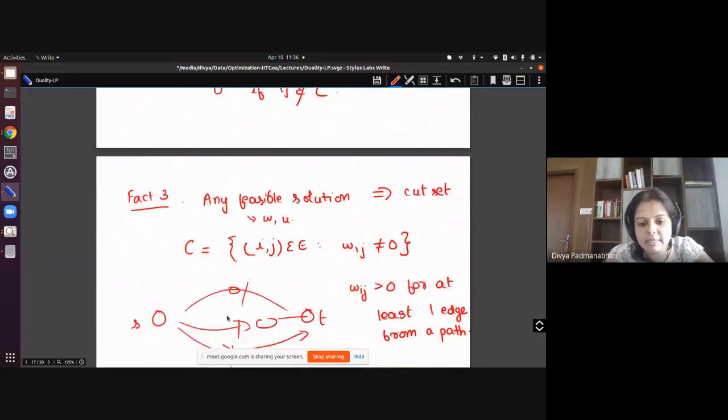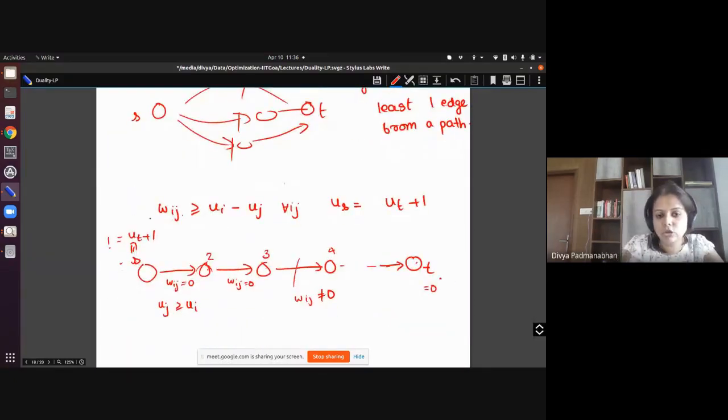Because they satisfy these constraints, Wij should be greater than or equal to Ui minus Uj for all the edges. And you also have Us equals Ut plus 1. And of course, Wij is also greater than or equal to 0. Now let us check what happens if Wij is 0 for all these edges on this path.